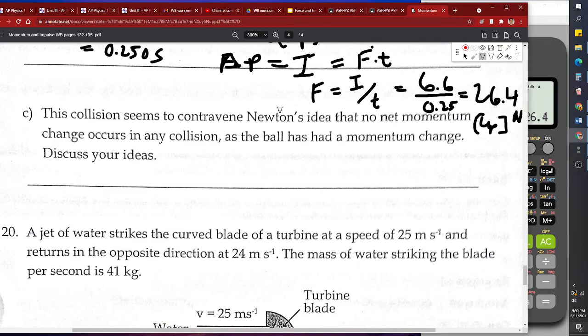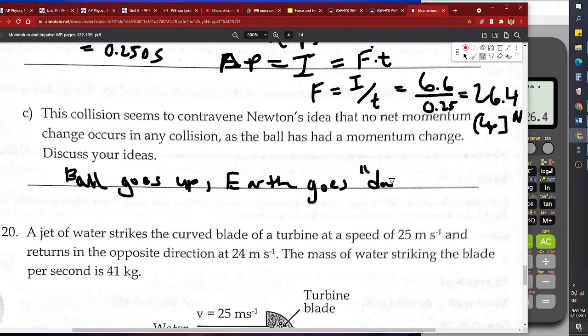Well, the ball hits the earth, and so you would think the ball will go one way, the ball goes up, and the earth goes down.